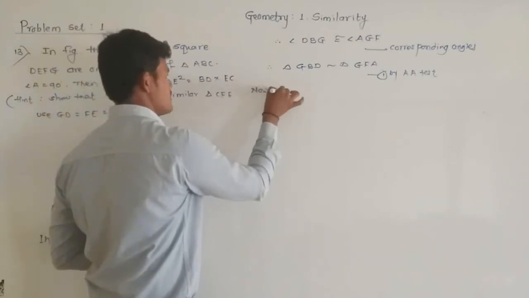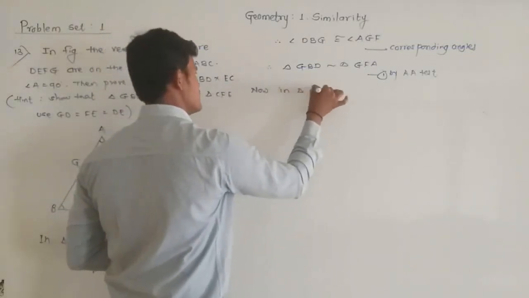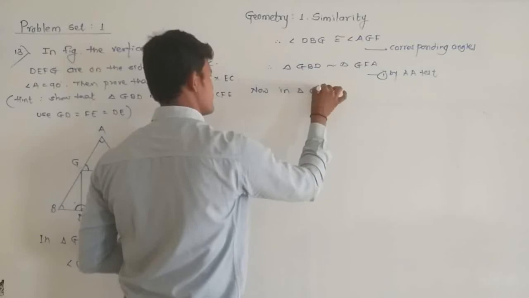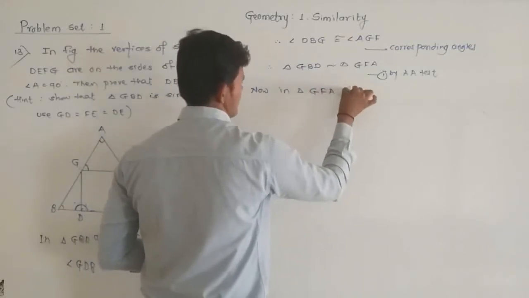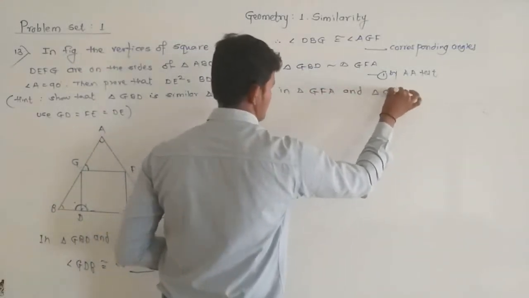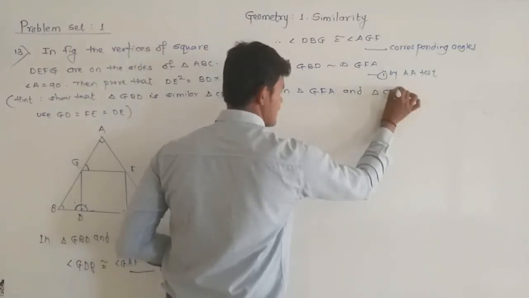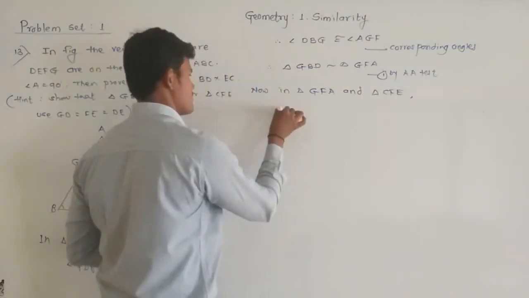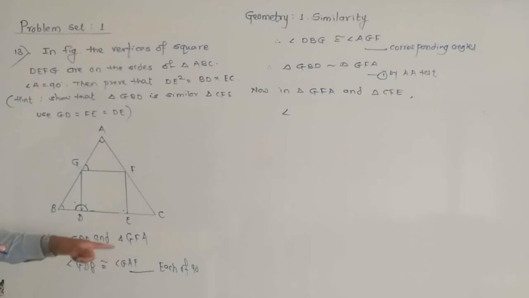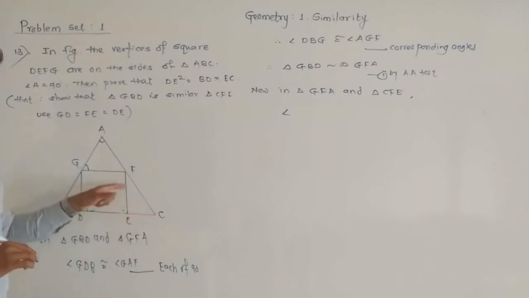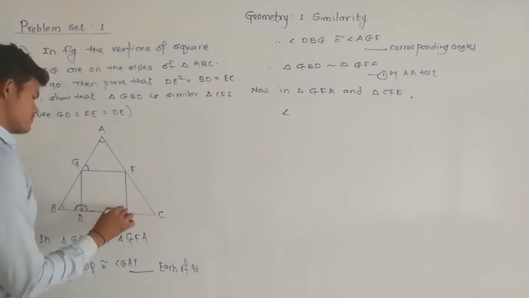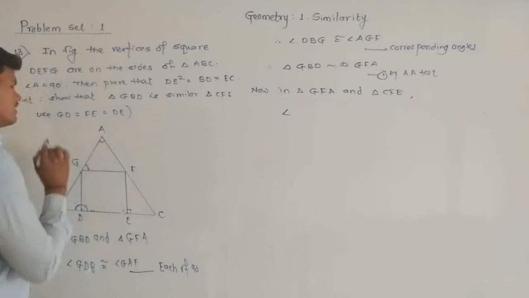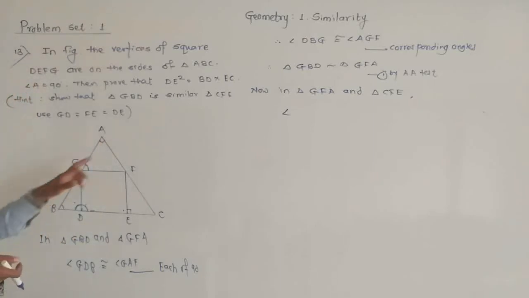So now in triangle GFA and triangle CFE, here also angle CEF is congruent to angle GAF. Why?